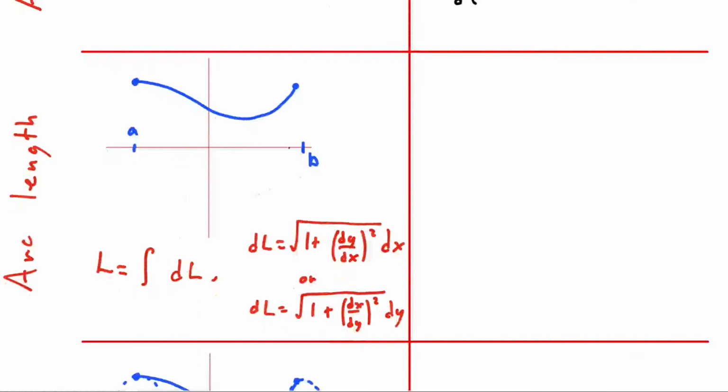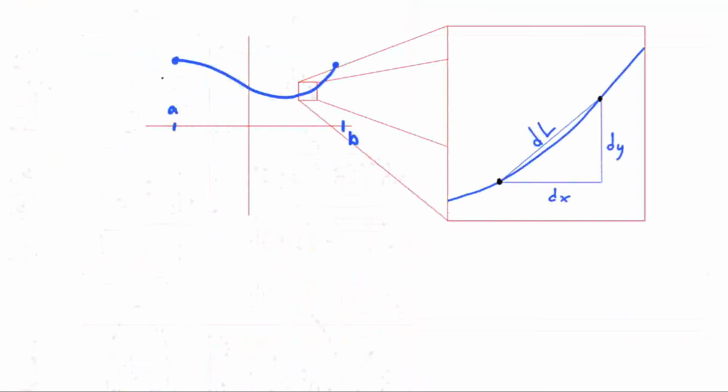When we did arc lengths in Cartesian expressions, where y was a function of x, we had the following formula. Let's think about how we derived this formula. Here's a curve from a to b, and let's think once again that the parameter t ranges from alpha to beta in order to sketch out this curve.